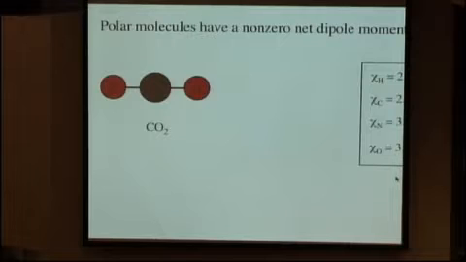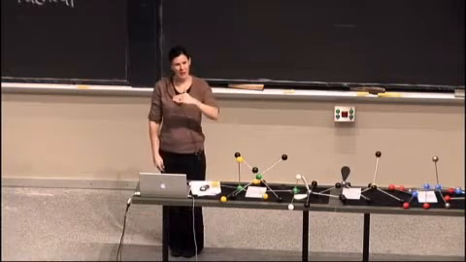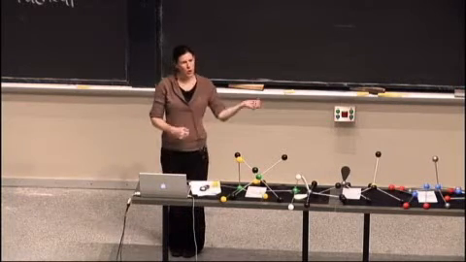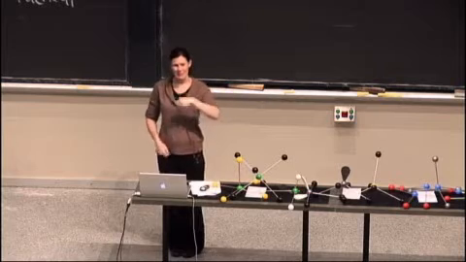Very soon in the lecture, you'll learn how to predict shapes based on Lewis structures. So you will quickly see that this is a linear molecule. We can think about the two bonds within it. There's two carbon-oxygen bonds, and we know that there is a dipole in that bond, which is going toward the oxygen. Remember, in chemistry, we always draw the arrow. We're always interested in what those electrons are doing.